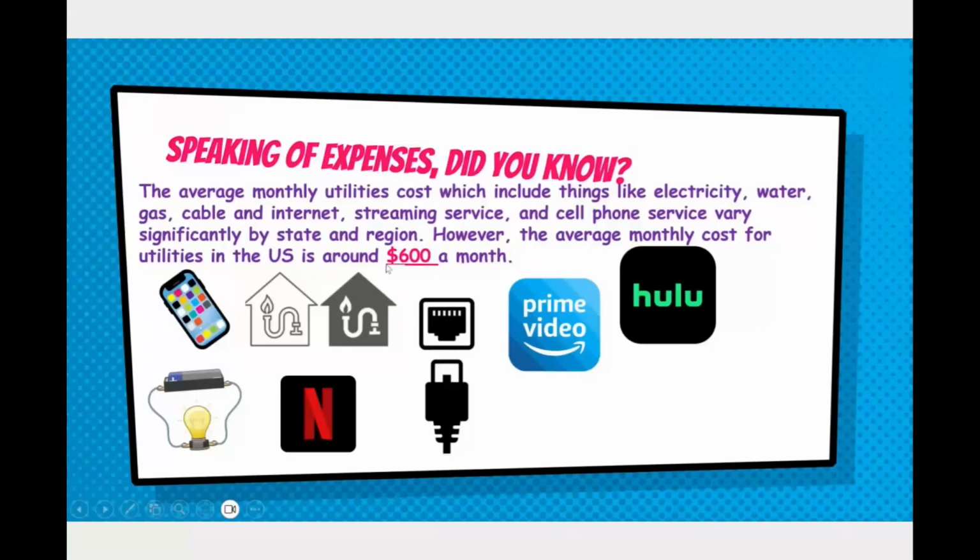Now, we did talk about fixed versus variable, and your electricity is, well, let me ask y'all, what do y'all think that is? Is it fixed or variable? And if it's variable, that means that it varies, right? So electricity and water vary based on how much you use, and also sometimes the time of year and the time of day, things like that.